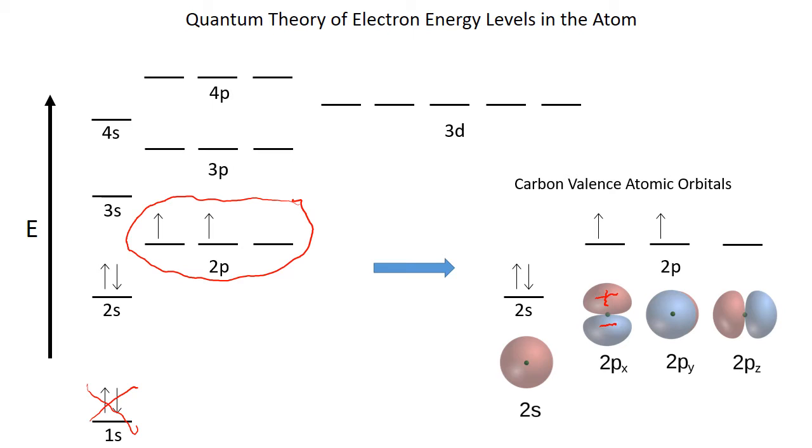The px orbital is oriented along the x-axis. The py orbital is oriented along the y-axis. And the pz orbital is oriented along the z-axis. So what I know is that these three p orbitals exist at 90 degrees relative to one another. So the p orbital has some directionality to it, while the s orbital does not. So before we start discussing bonding, we know all of these things about the quantum theory of electron energy levels in the atom.